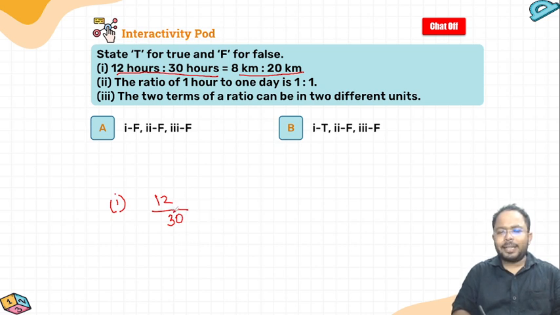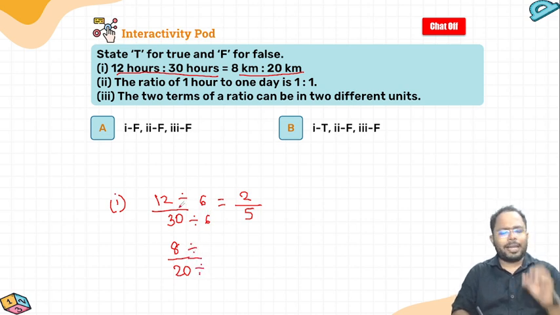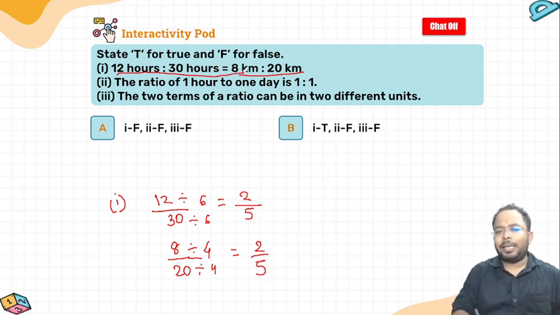They are not in the simplest form right now, but we can turn it into the simplest form by dividing by 6. 6 twos are 12, 6 fives are 30. The HCF of 12 and 30 is 6. If I divide 8 and 20 by 4, we get 2 by 5. So we get 2 by 5 in both cases, and therefore the equal sign holds, and that's true.